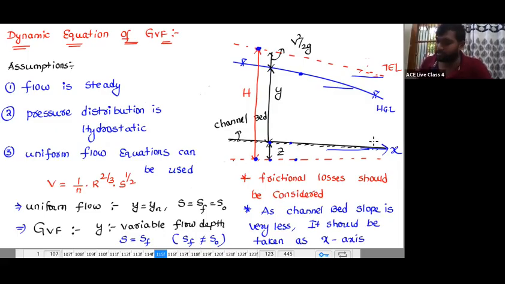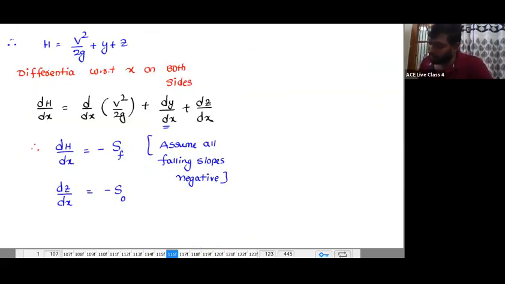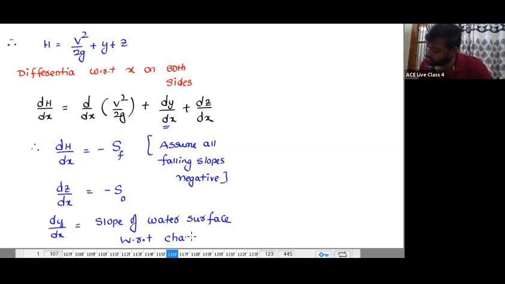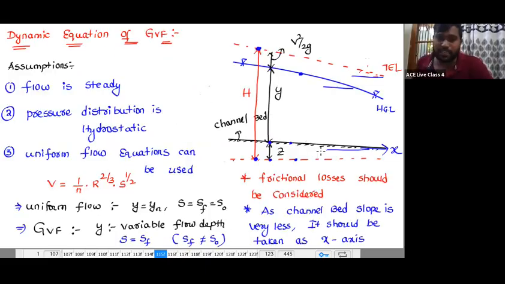So now dy by dx is the slope of the water surface with respect to the channel bed. Actually, if I want it with respect to horizontal, then it should be y plus z.